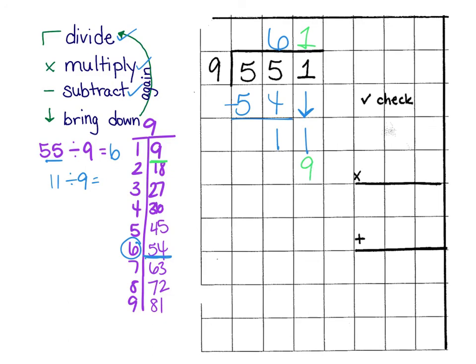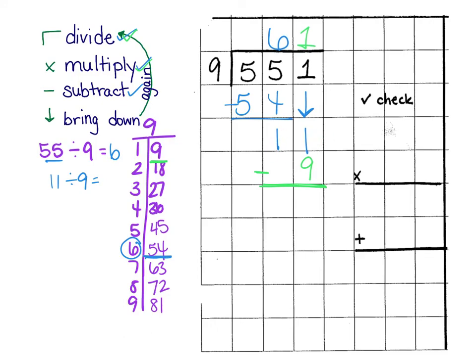Now, if the number is bigger here than the number that you're subtracting from, you know that you multiplied or divided incorrectly. So 11 minus, so we divided, multiplied, now we need to subtract. 11 minus 9 is, okay, this is where I like to go, 9, and then you just count up. 10, 11.